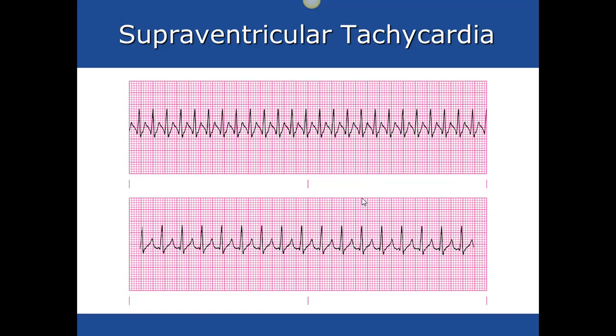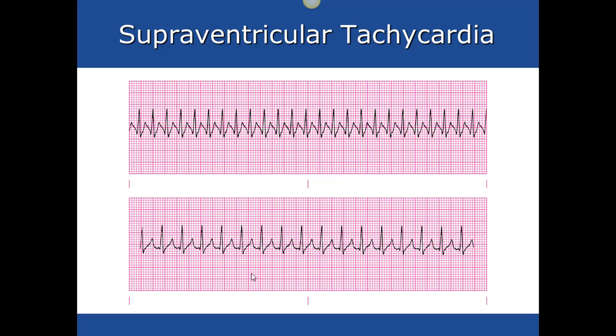So look at the bottom strip. Heart rate is 170 if we measure it out on a 6-second strip. The rhythm is regular. There are, once again, no P waves, although if you look really closely here, you might be able to see a tiny P wave that comes up every now and then. That would be debatable, but we could make an argument for it.